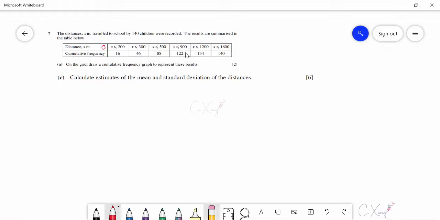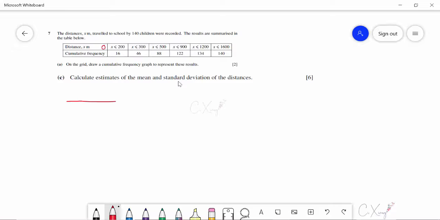To find the mean and standard deviation, I will show you a detailed process. The detailed process means that before any calculation for the mean and also the standard deviation, I actually need to know what is my class boundary.